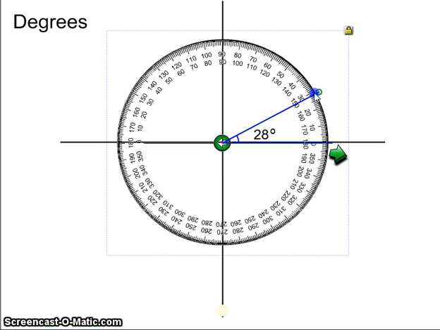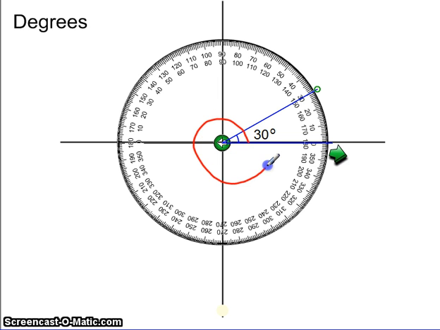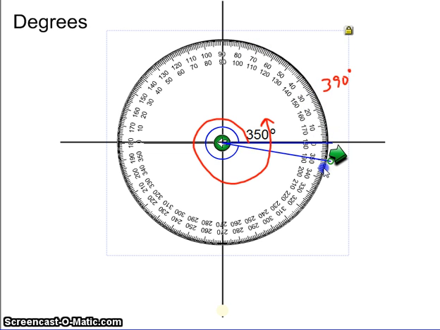So, for example, if I started at 0, and let me take a pen to show you this, go all the way around and then back to here again, this would actually be a 390-degree angle. Now, we could also take this angle and move it backwards.